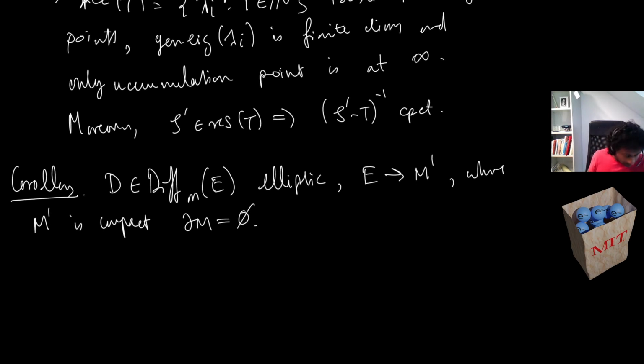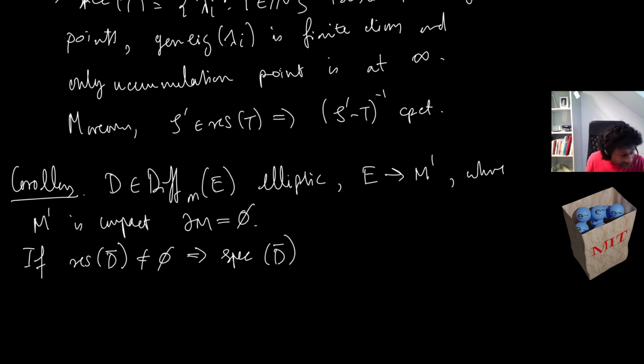So now, if the resolvent set of D closure, so there's only one closure for D, right? Because we're in the boundaryless situation. So if the resolvent set of the closure of the operator is non-empty, then it means that the spectrum of D is discrete in the above sense.